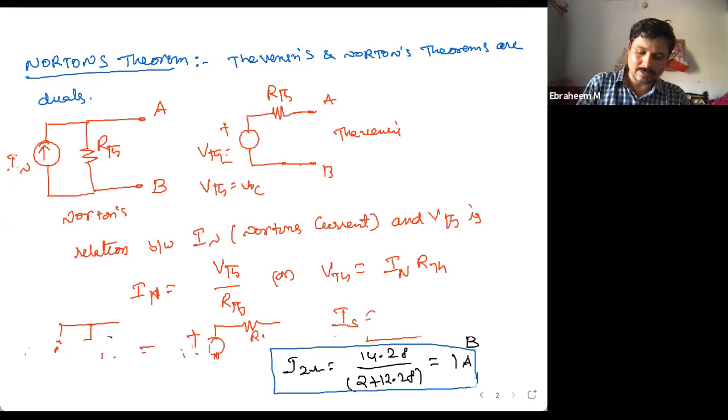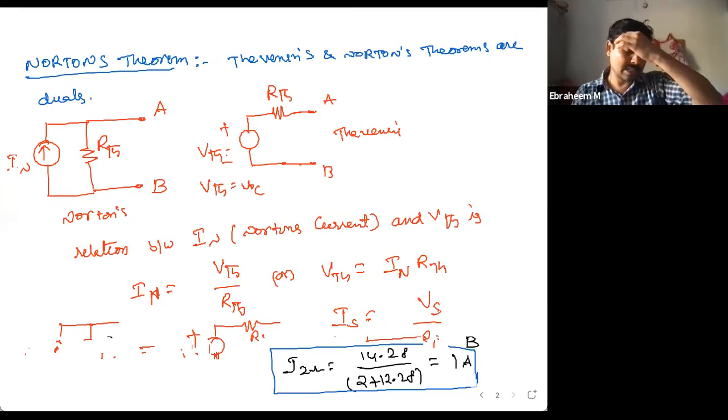So Is is equal to Vs by Ri. This is the relation. Later we will see source transformation in this module, and using source transformation also we will solve problems.